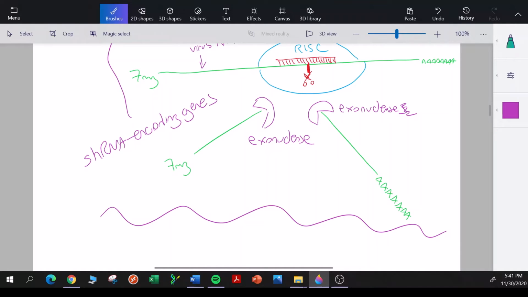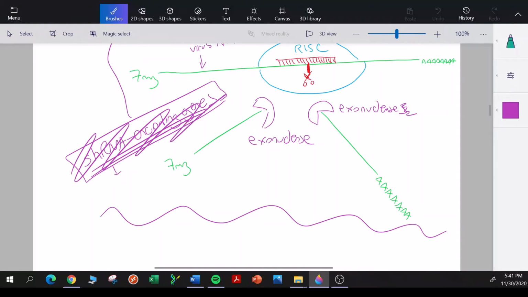I'm going to talk about this towards the end of this video, but what these do is bypass the need to introduce long double-stranded RNAs into a mammalian cell. By introducing a short hairpin RNA, RNA interference can be activated in the cell without activating other processes that would interfere with research. But we're going to talk more about this towards the end of the video.